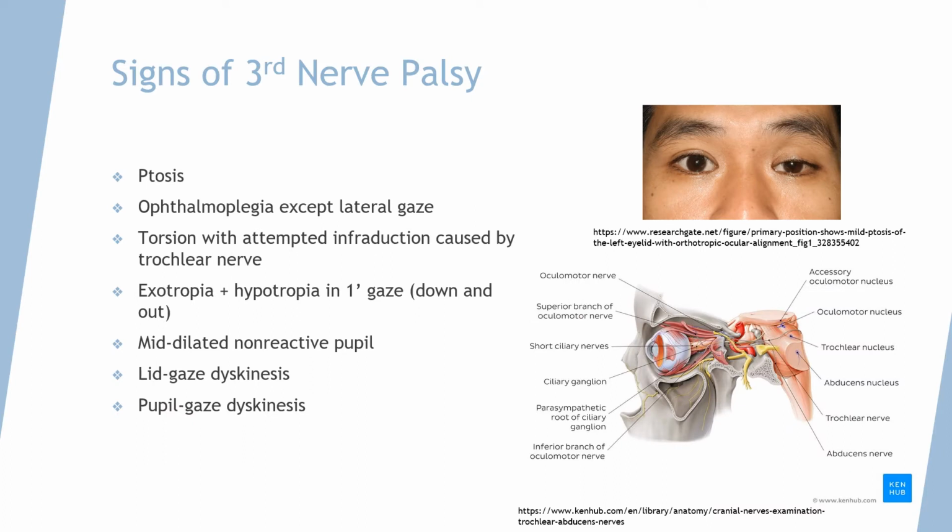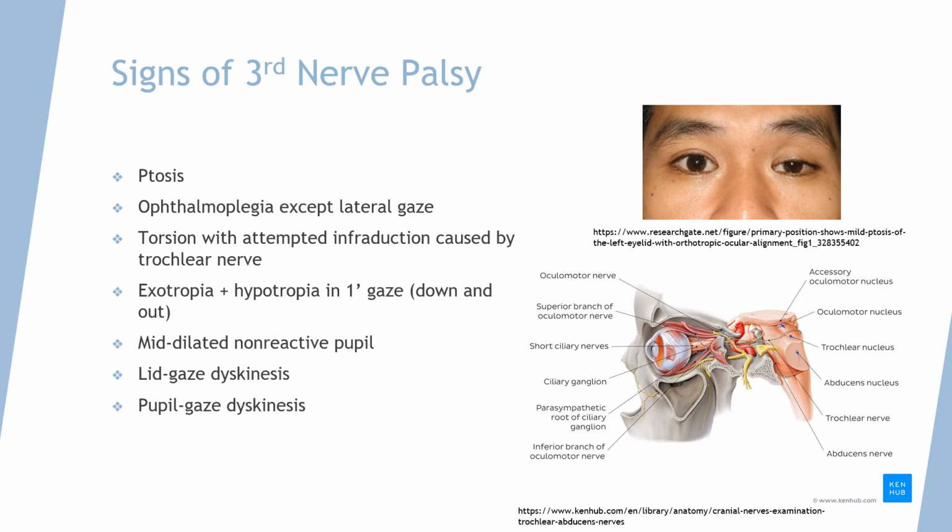Some of the signs or observations that we can make while observing a patient with a third nerve palsy are, as said in the last slide, ptosis, and sometimes ophthalmoplegia in advanced cases, because the third nerve controls all of the extraocular muscles except for the superior oblique and the lateral rectus.